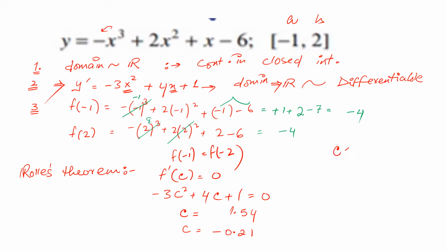So how can you wrap up the answer? c should lie between the terms of the closed interval. So you can say that 1.54 and -0.21 also lie between -1 and 2, and that would be your answer. If you get any value of c that is not inside the closed interval, then you are not going to include that c value in your answer.